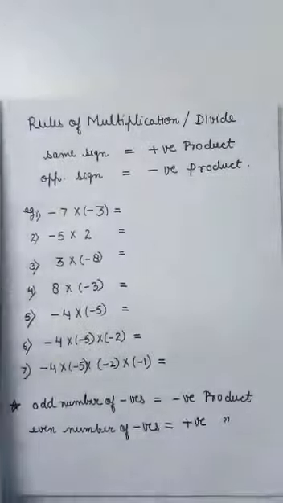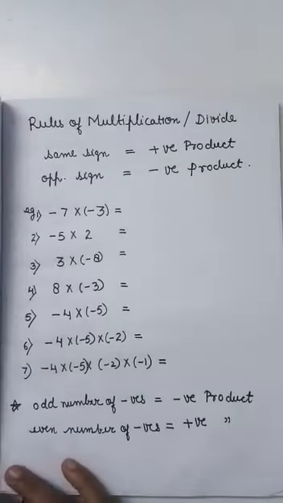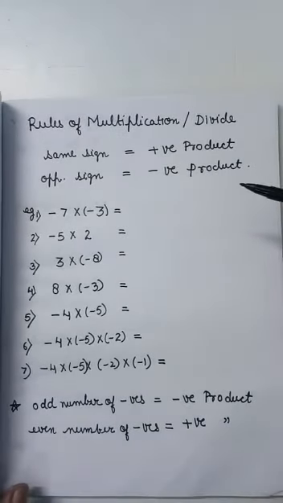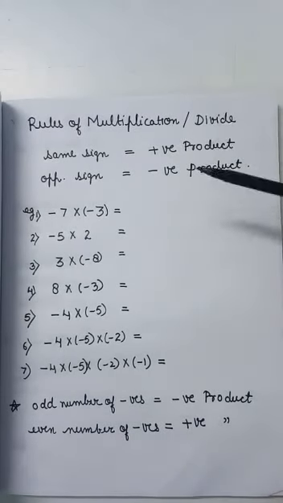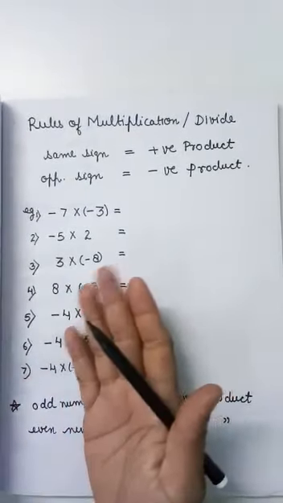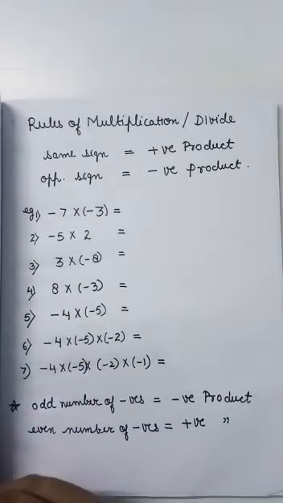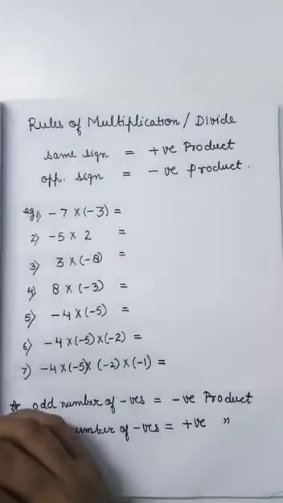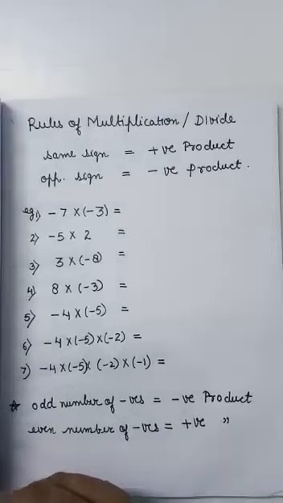Now look at the rules of multiplication, class. The rules of multiplication and division are the same, class. Always remember, if the question is of multiplication, you have to multiply there, and if the question is of division, you have to divide there. What you have to take care of is the sign, which sign you have to put.